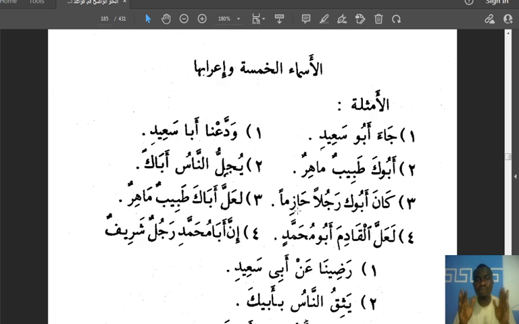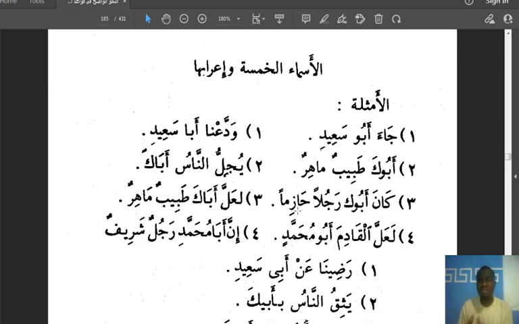I can boldly say that is the sole goal of Nahu: to be able to end each word, not begin each word, with the appropriate vowel that word is supposed to take, considering its position in the sentence. That is Nahu and what it aims at reaching.